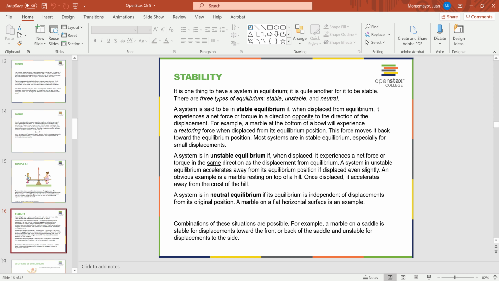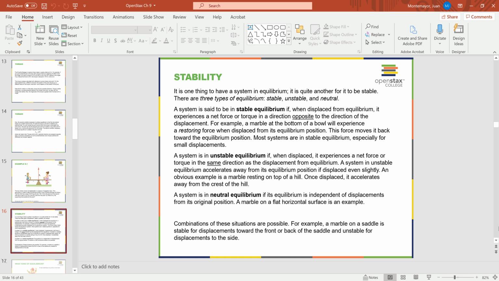For example, a marble at the bottom of a bowl will experience a restoring force when displaced from its equilibrium position. This force moves it back towards the equilibrium position. Most systems are in stable equilibrium, especially for small displacements. A system is in unstable equilibrium if, when displaced, it experiences a net force or torque in the same direction as the displacement from equilibrium.